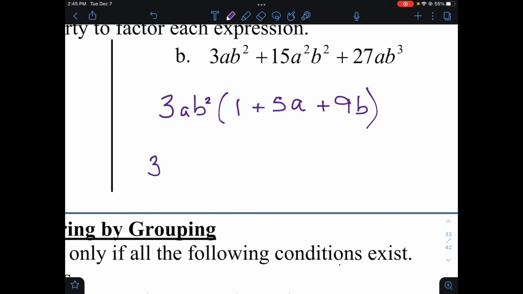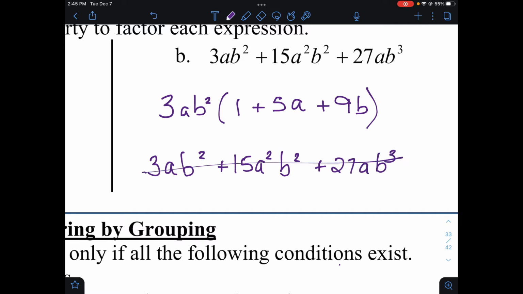All right, I'm going to distribute just to be sure. Okay, it matches. So that was my check, and we are done.